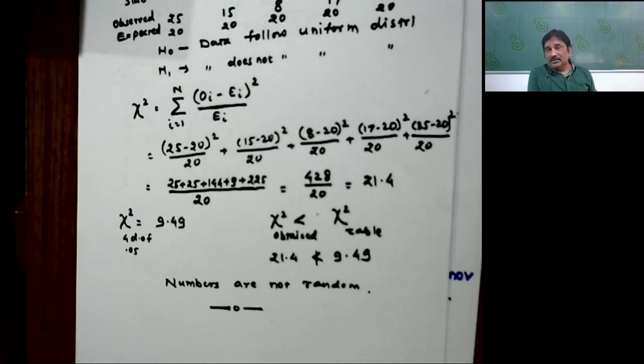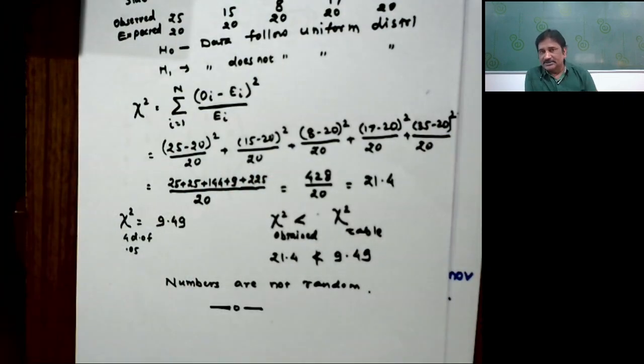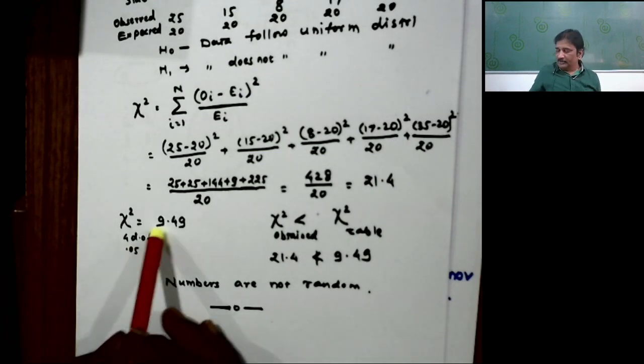In the chi-square table, the degree of freedom is once again 4, because you have 5 slabs, so 5 data points, and the degree of freedom is one less than that. The level of significance you are taking is 0.05. So in the chi-square table, for degree of freedom 4 and level of significance 0.05, you get the chi-square value 9.49.